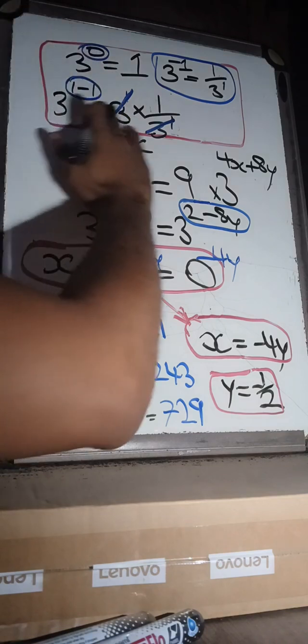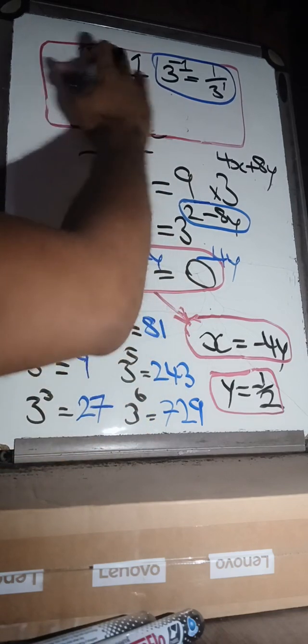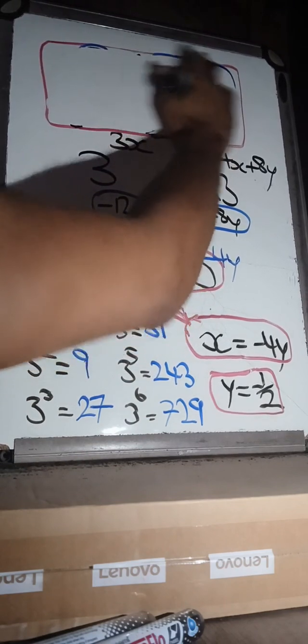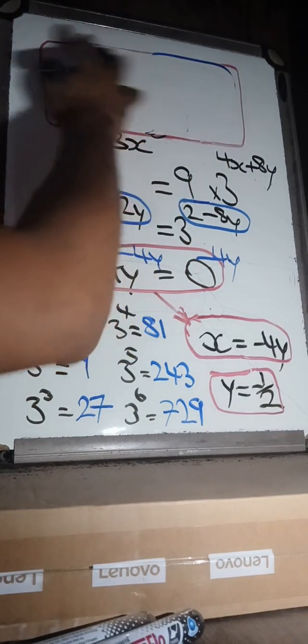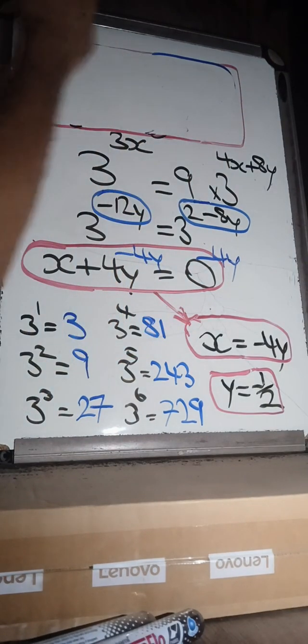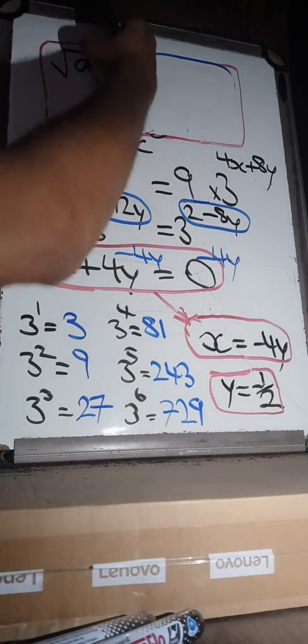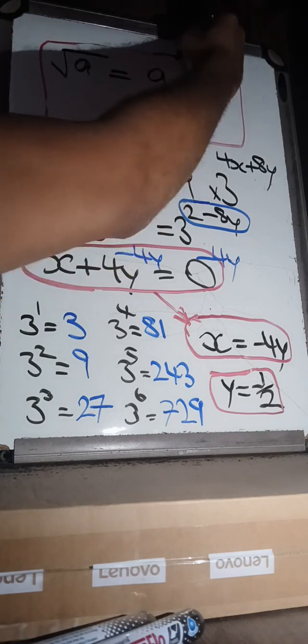Another one. It's the ones related to what we do in changing the subject of the formula. So to put a long story short, the square root of a is the same as a raised to 1 over 2.